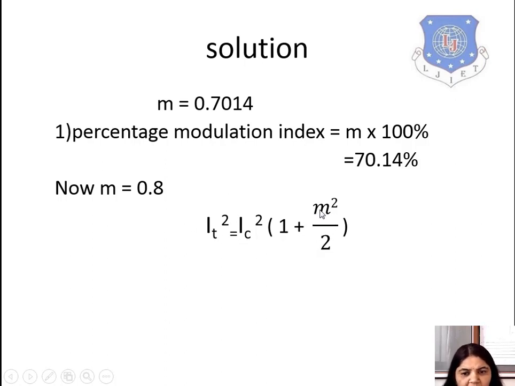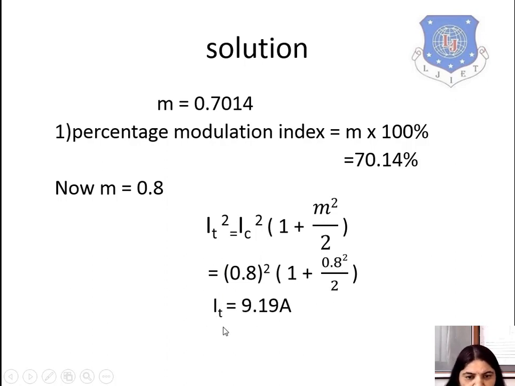We'll put the small m value as 0.8. The carrier current IC won't change because it's a high frequency wave, so the carrier current remains as it was. So it is 8 square in bracket 1 plus 0.8 square divided by 2.